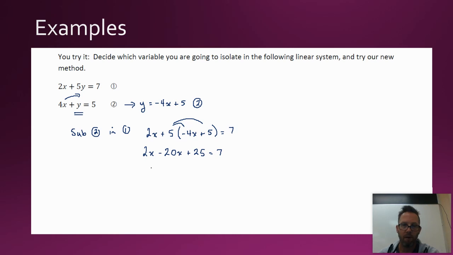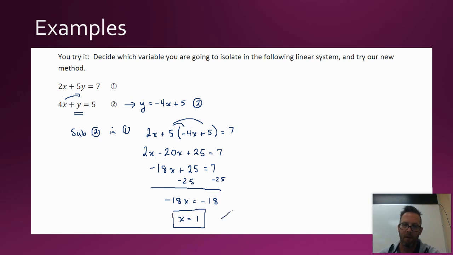So 2x minus 20x is negative 18x plus 25. Oh, no, I think we're good. Subtract 25 from each side. Negative 18x. 7 take away 25 is actually exactly negative 18. And so we get x equals positive 1 when you divide negative 18 by negative 18. That's great.